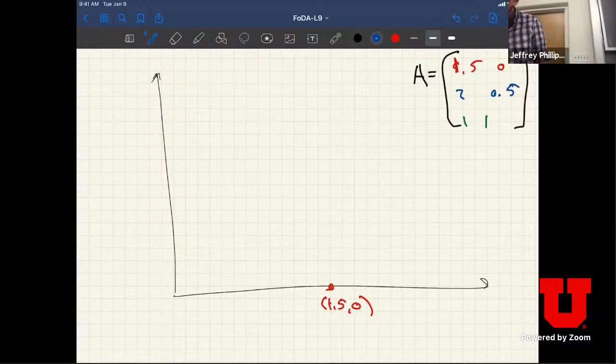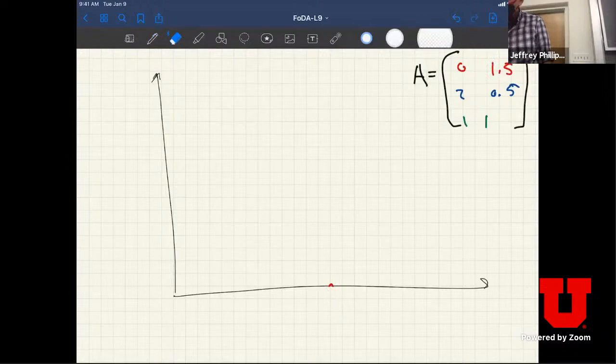I want to switch this one around. Okay, hold on. 0, 1.5. So 0, 1.5, this would be 0, 1.5. Then 2, 0.5 might be here, 2, comma, 0.5.